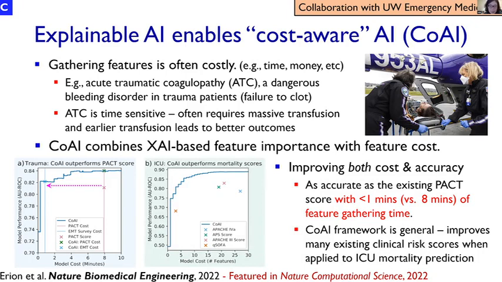In our paper, we also applied it to inpatient mortality prediction in ICUs, and we showed that Co-AI improves the accuracy of risk predictions while lowering the number of features required to make them. In this problem, there are many clinical scores already developed, and we show Co-AI is doing better.